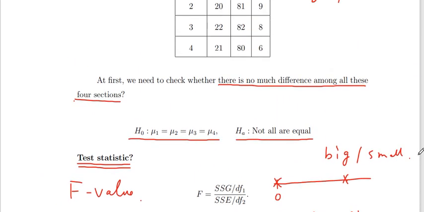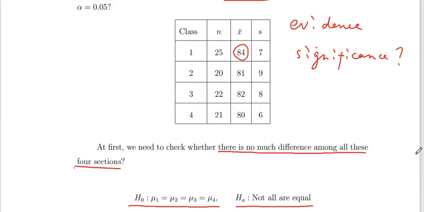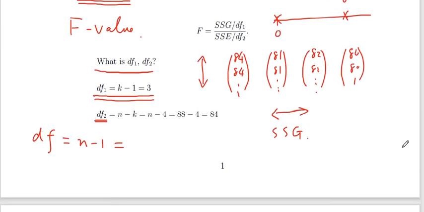We put those 4 classes together and add up the students. So total students, n is 88. We put the 4 classes together, so we have 88 students. So the total degree of freedom is 87.